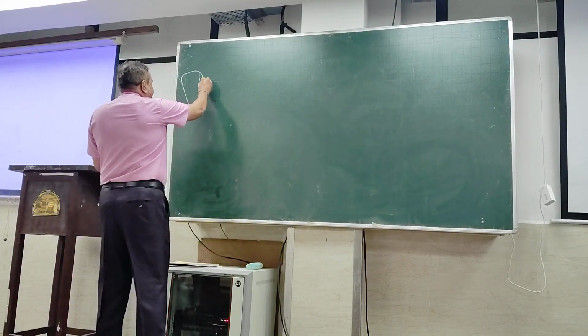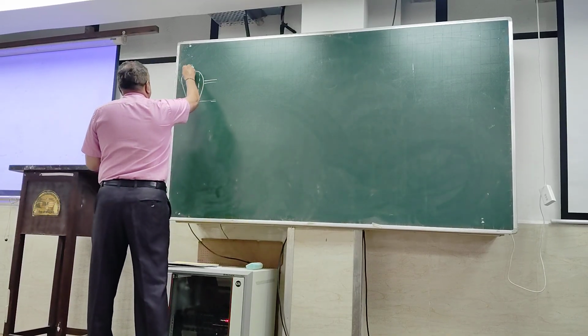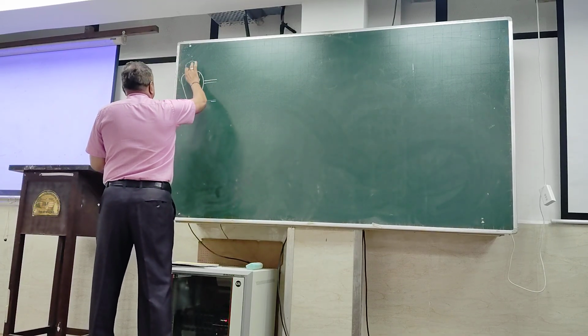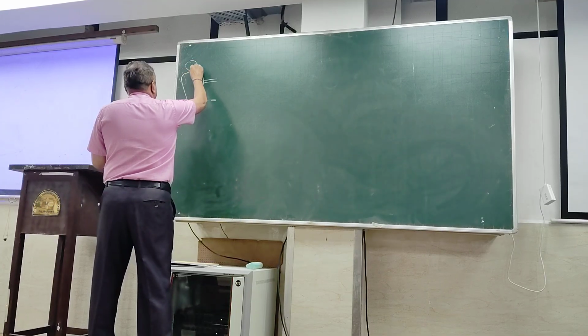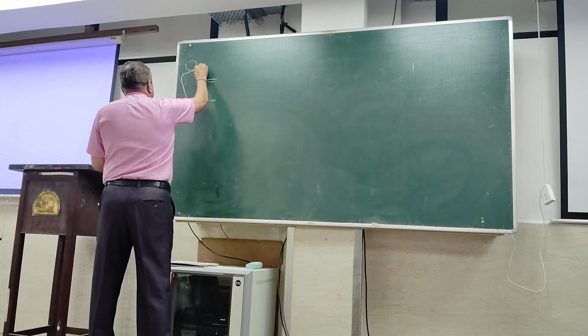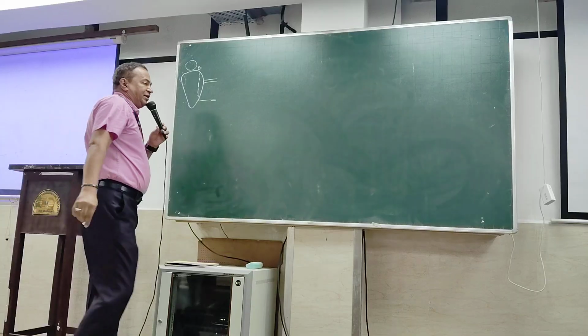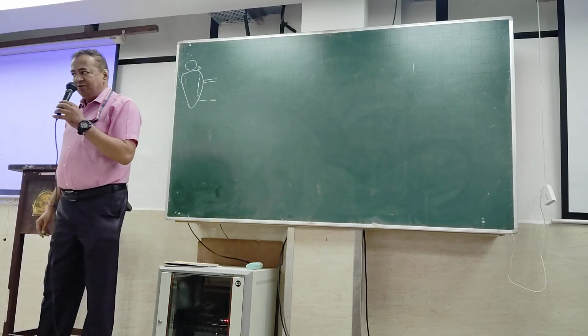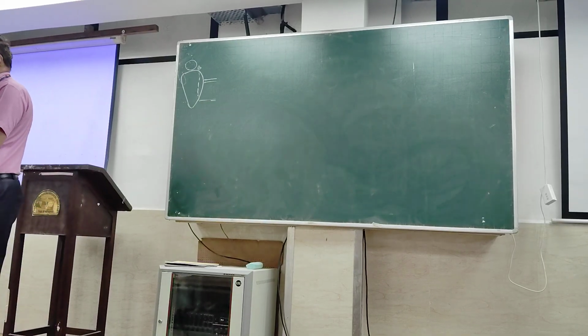Now if I take a transverse view, here I see a base, which is related to the external auditory meatus. So this is base or superior surface related to external auditory meatus.